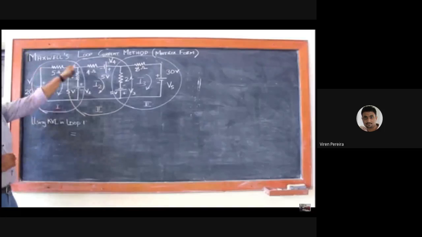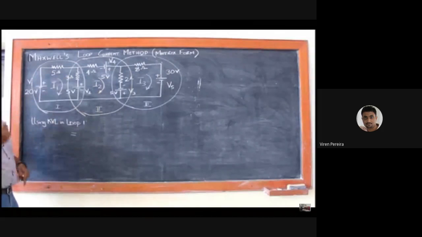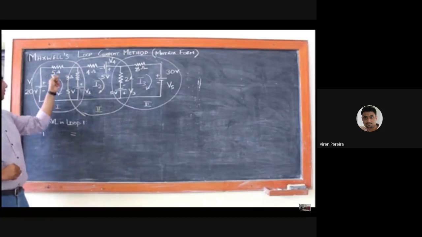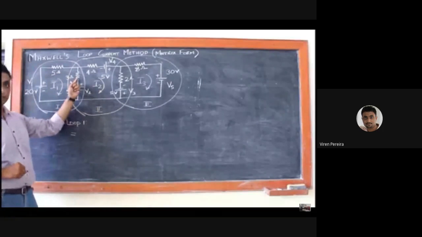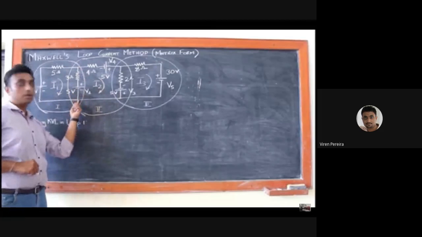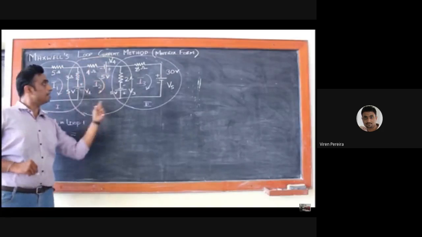You can see it is a loop. So you have 5 plus 3, which is how much? 8. So we have 8 I1. Okay. So I1 is flowing in 5 and 3. But if we see the 3 ohm resistor, there is also a current I2 flowing from down to top. So we have I1 and we also have I2.